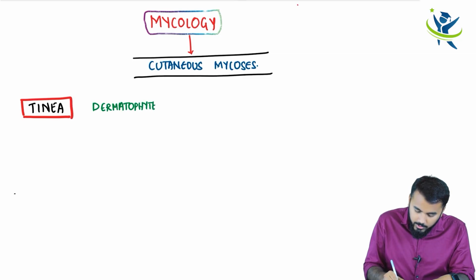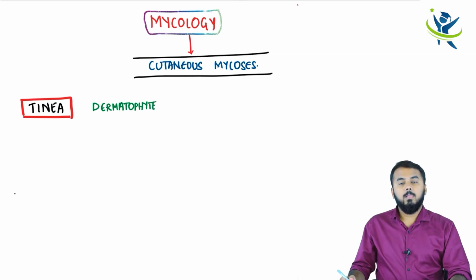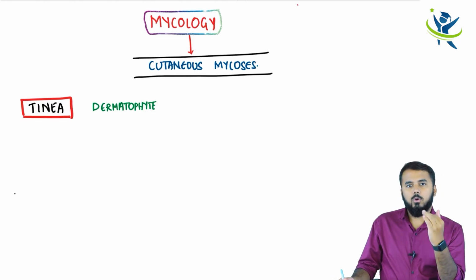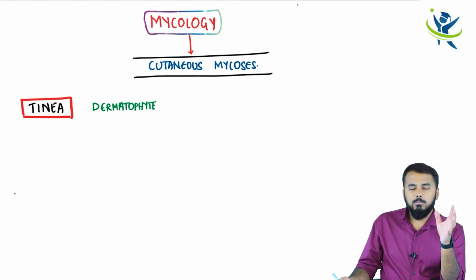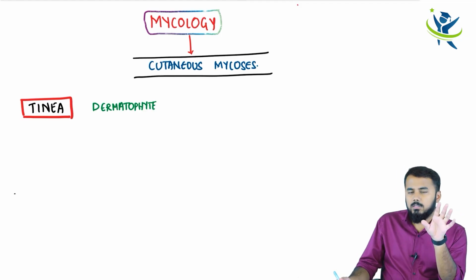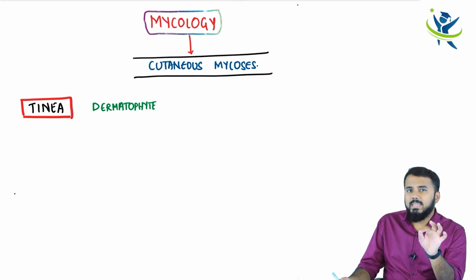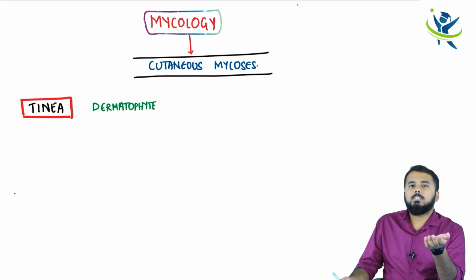When I say dermatophyte, what is that? Any fungi which resides on the skin and causes infection on the skin. That type of fungi which grows only by eating keratin is called a dermatophyte.